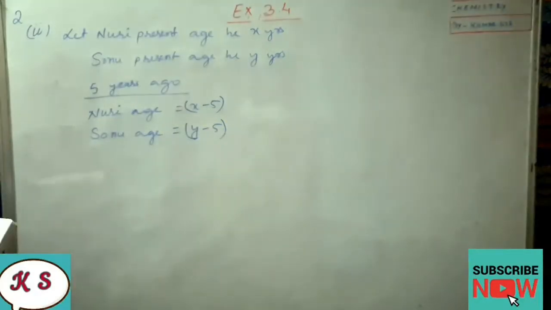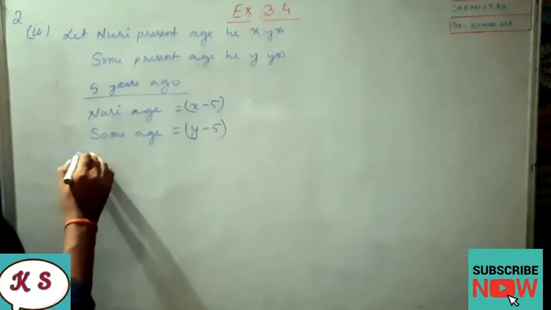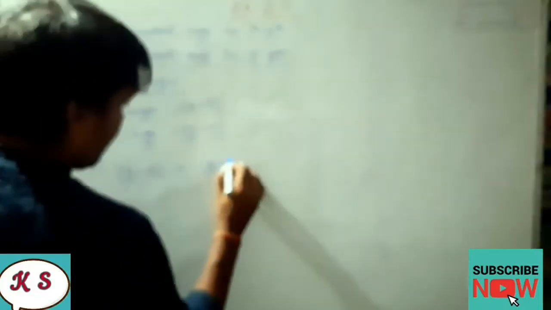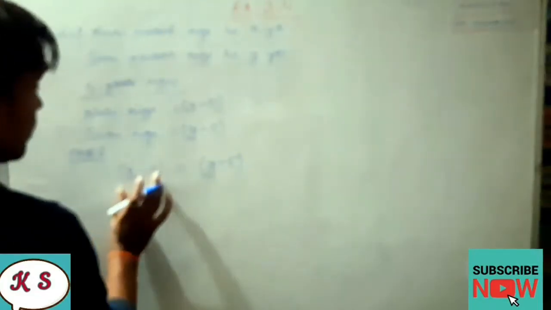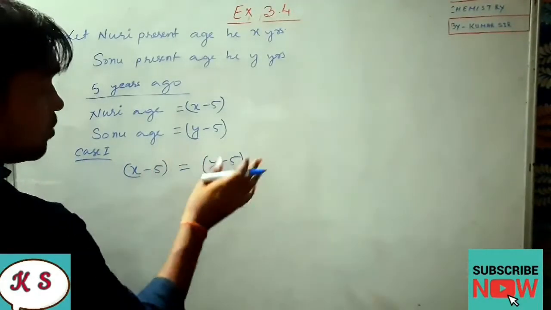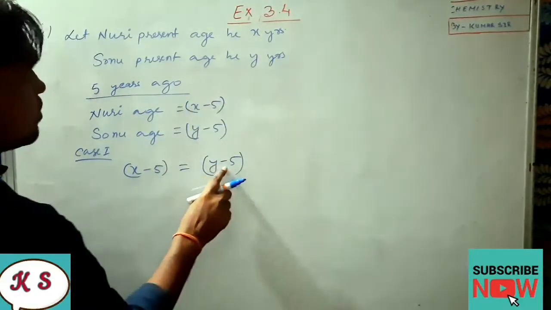Now we are going to go as per the question, that is case 1. In case 1, what it is said, 5 years ago Nuri was thrice as old as Sonu. So Nuri's age is X minus 5 and Sonu's age is Y minus 5. So Nuri's age was equal to 3 times the age of Sonu.